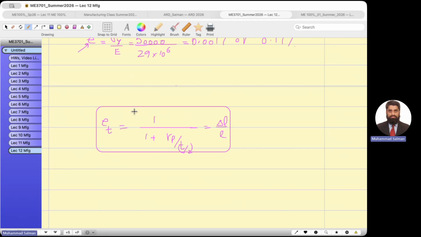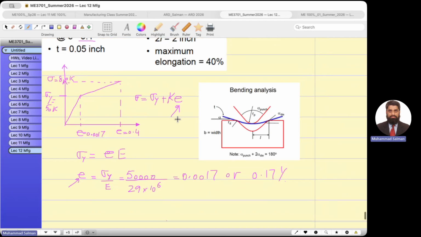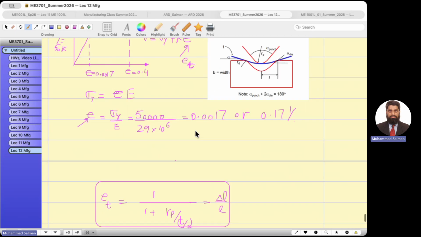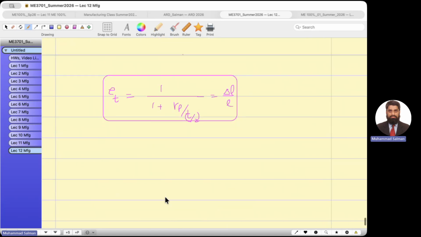What is that formula? This E is E tensile, okay? Let's see, how can we find out E tensile? We do have some data given. Okay, look at the problem.